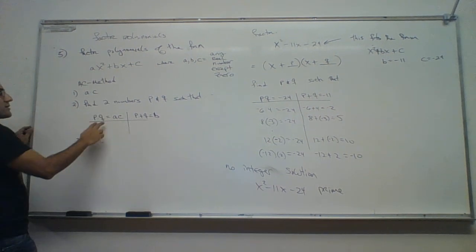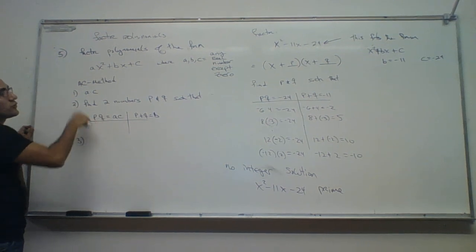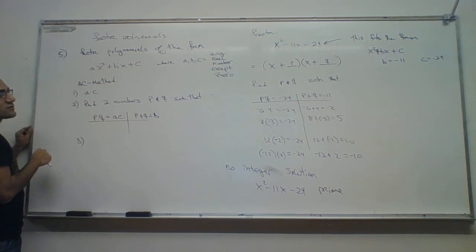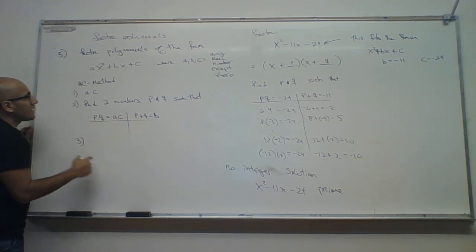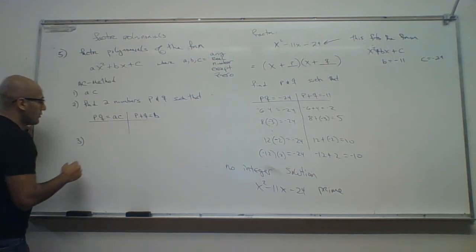Now, in the previous section, once you found the p and the q, you were done. You would just insert them into your answer over there, and you were done. So here, what we're going to do is once you find them, you're going to replace the b in your original polynomial.